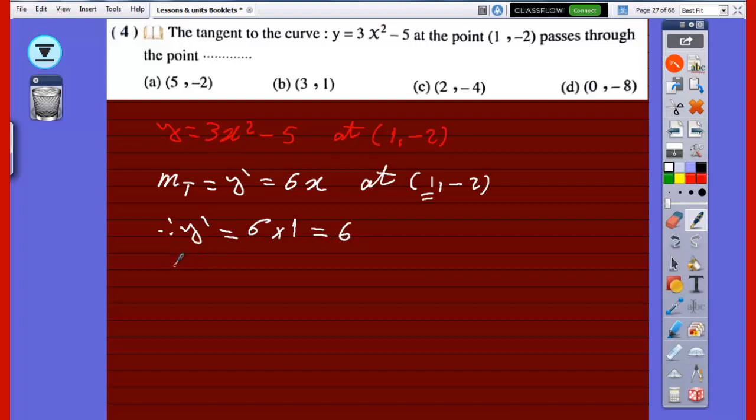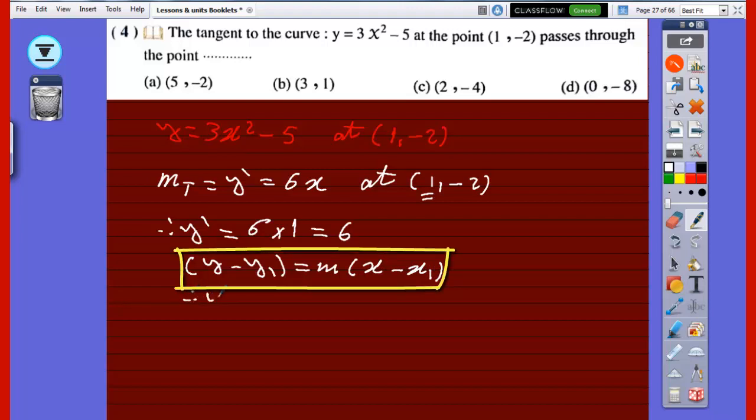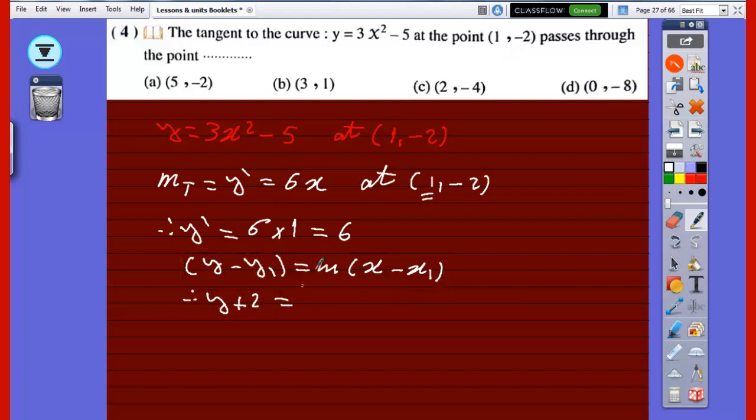Now, the equation of the tangent equals y minus y1 equals m, its slope, multiplied by x minus x1. It means y minus y1, the point of tangency is negative 2. So we have y plus 2 equals m, which equals 6, multiplied by x minus 1.